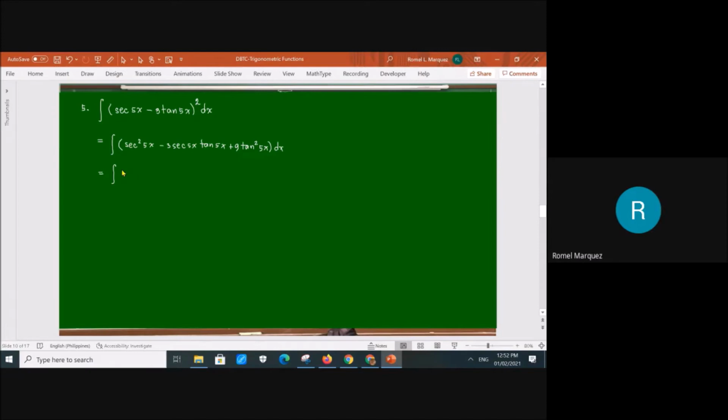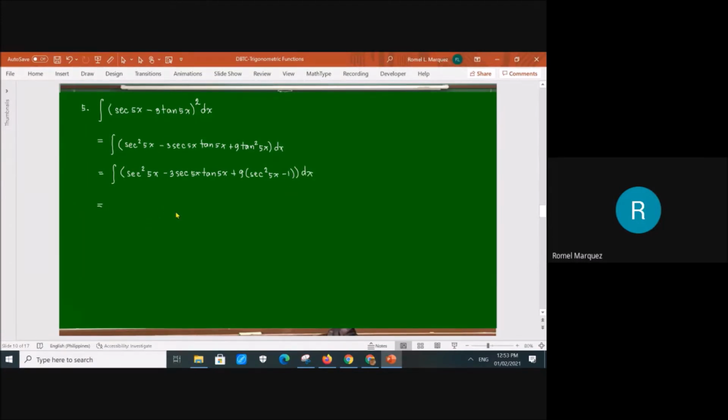So we get secant squared 5x minus 3 secant of 5x tangent of 5x, plus tangent squared, which is secant squared minus 1, multiplied by 9: secant squared 5x minus 1. Then dx.